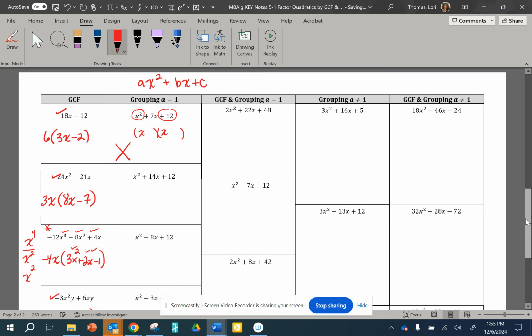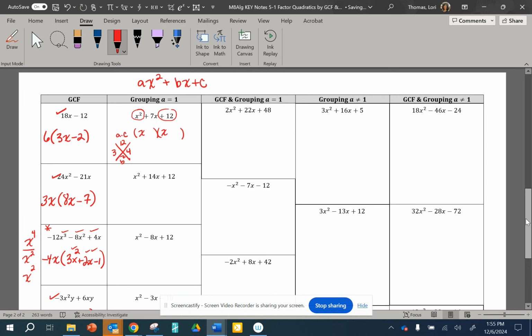So if you like to use the graphic organizer where we have a times c on the top, so 1 times 12, and then the sum, the b value, is in the bottom. So we're thinking of what two factors of 12 add up to 7. So 3 times 4 is 12, and 3 plus 4 is 7.